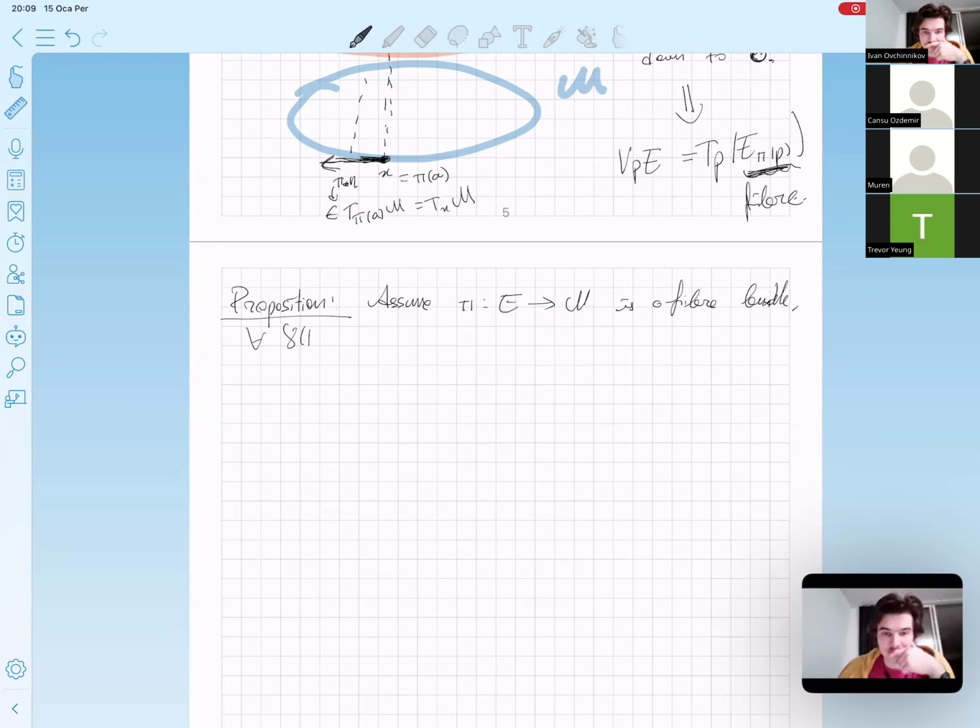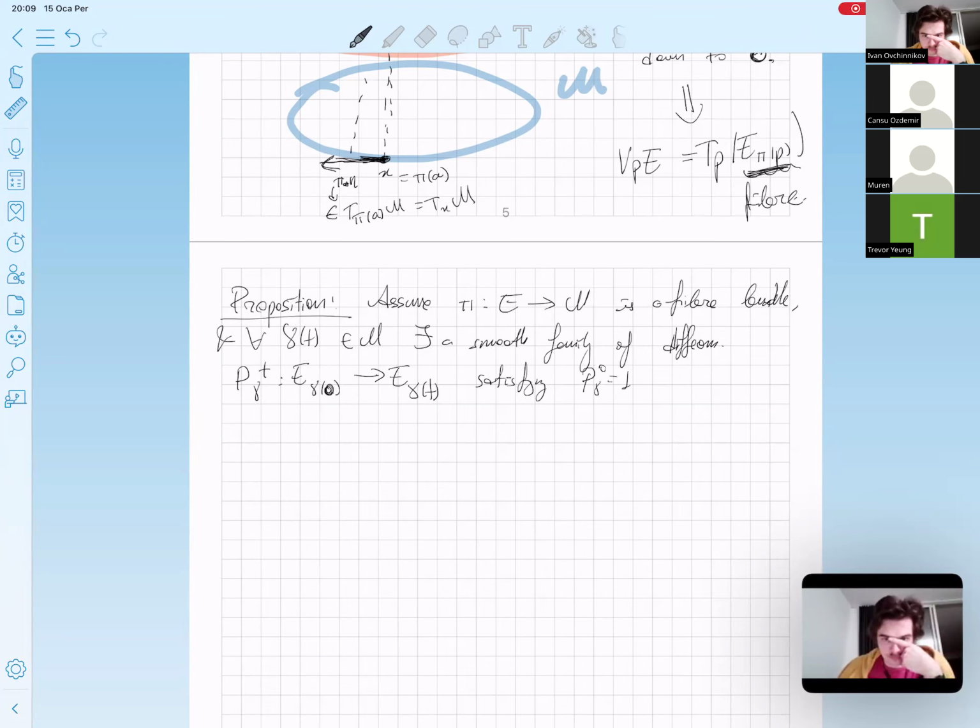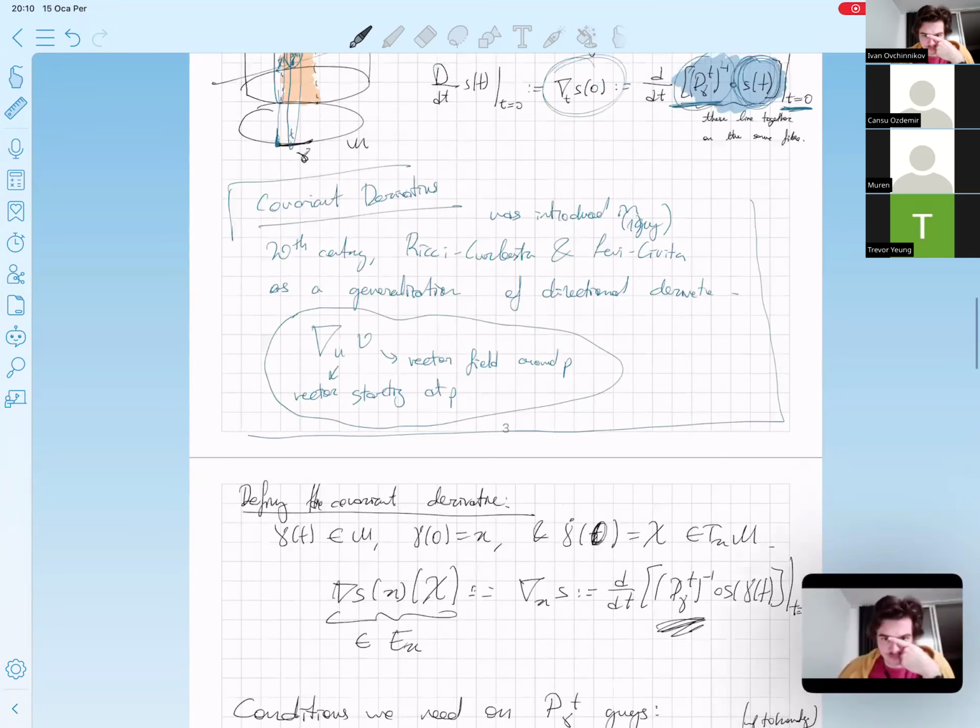Now for all gamma t in M, and there is a smooth family of diffeomorphisms satisfying the usual thing that we wanted to be identity at 0 and 1 and 2. So 1 and 2 were here.